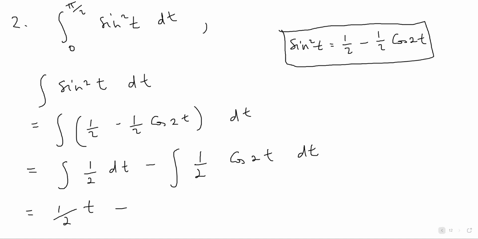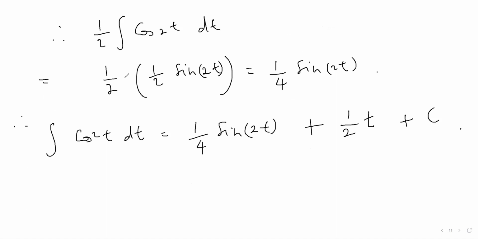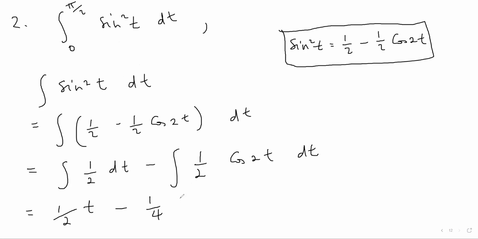We saw that the integral of half cos 2t is equal to 1/4 sine 2t. Let me just write it down here quickly.